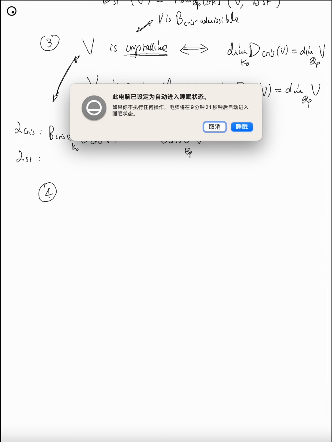Okay, good. Then let me add some remarks. Firstly, let's mention an important proposition without proof. For r bigger or equal than 0, the following sequence is exact.